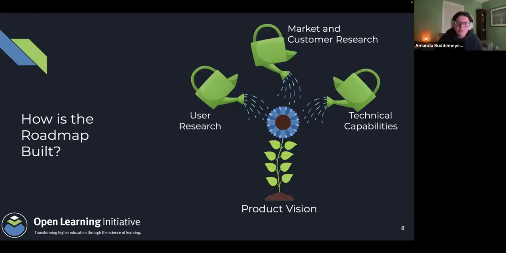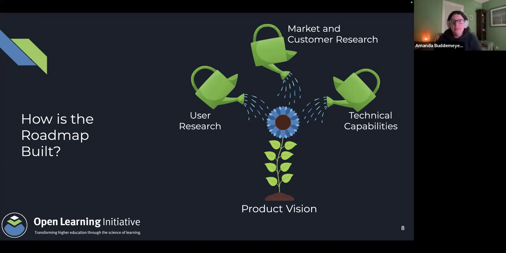I'm going to show you shortly the high-level Torus roadmap for 2024. It's a valid question to ask, where did that come from? How was that decision made? I think it's important that it's always rooted in that vision. What can we be doing at OLI and as a broader community to push that vision forward?